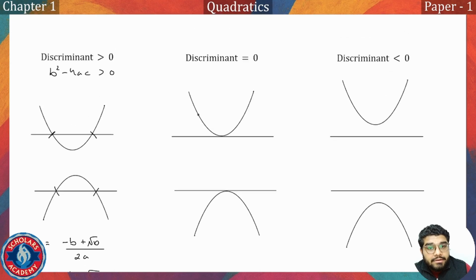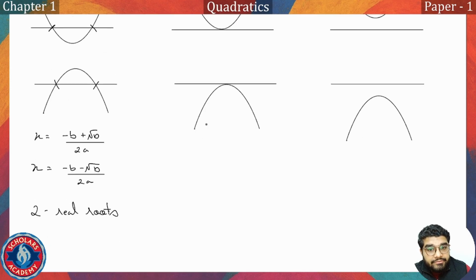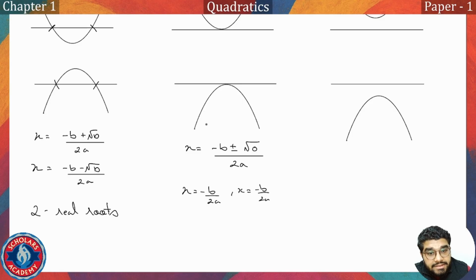But if our discriminant b square minus 4ac is equal to 0, the formula becomes x is equal to minus b plus minus root of 0 divided by 2a. It means x is equal to minus b by 2a, or x is equal to minus b by 2a.